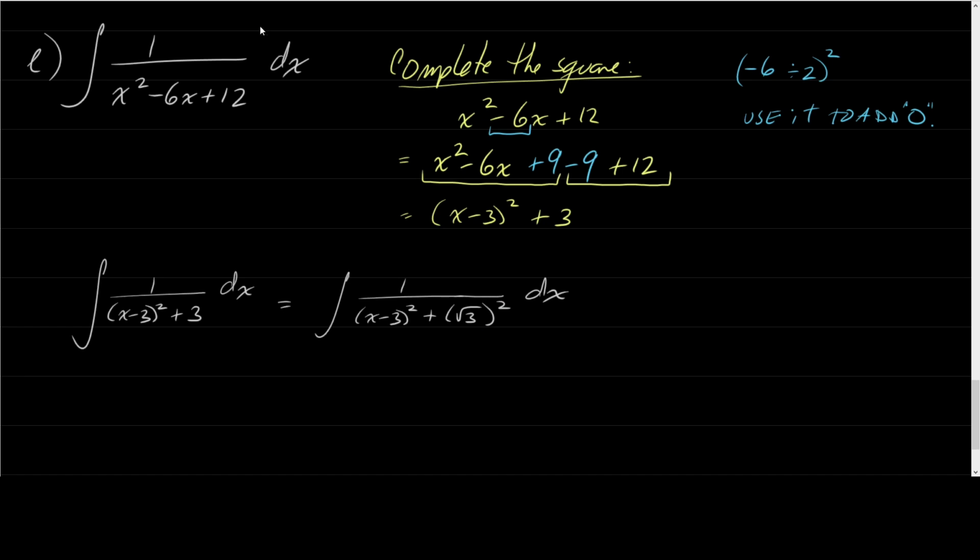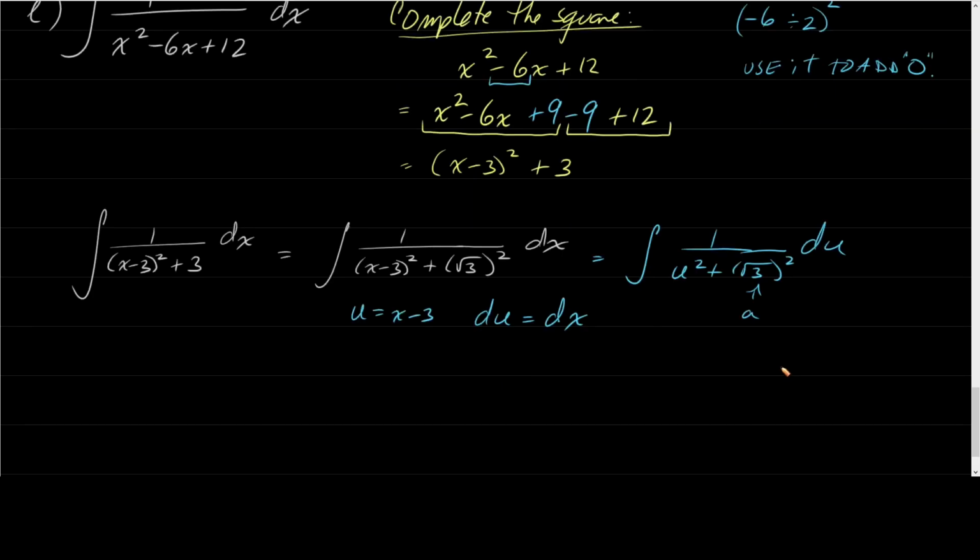If I let u be equal to x minus 3, then du will be just dx, and it fits perfectly. So I can rewrite this as the integral of 1 over u squared plus the square root of 3 squared du. At that point, I know my value of a is radical 3.